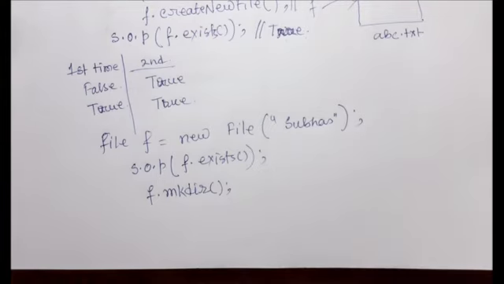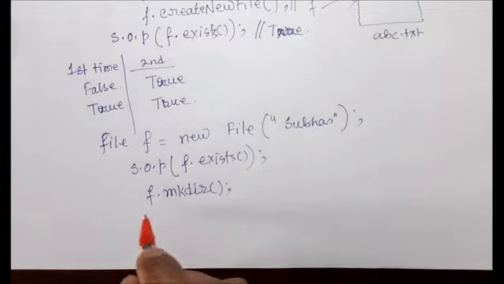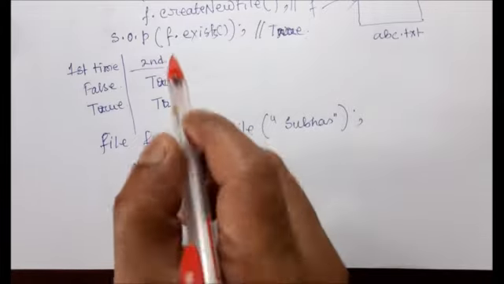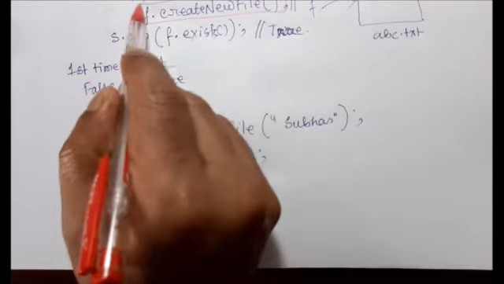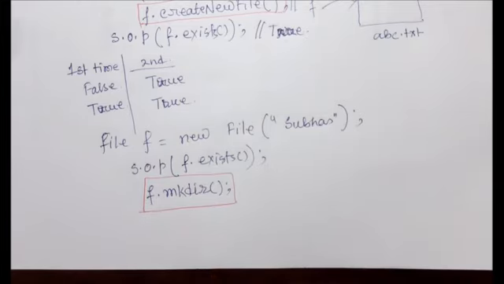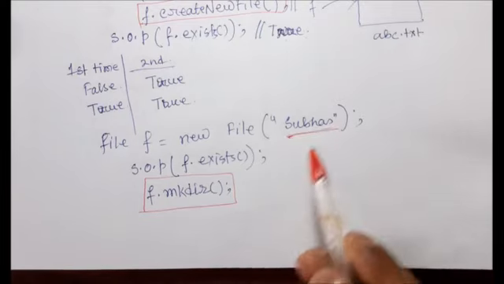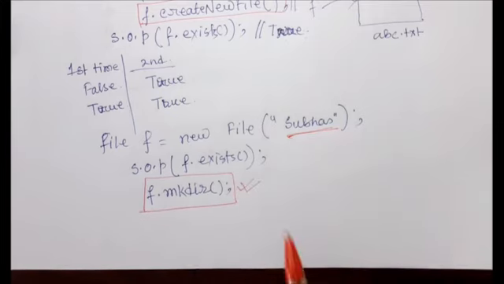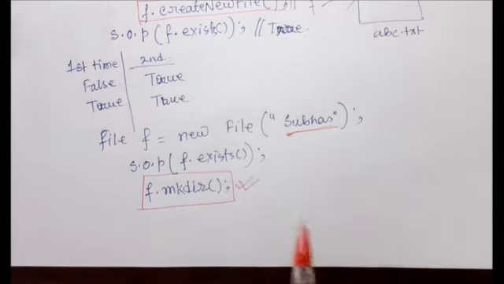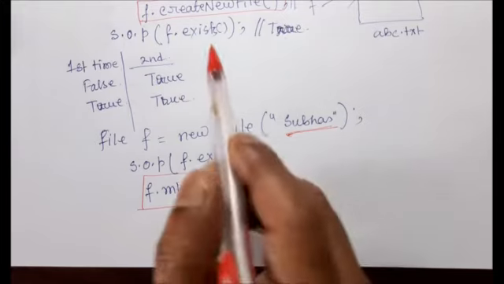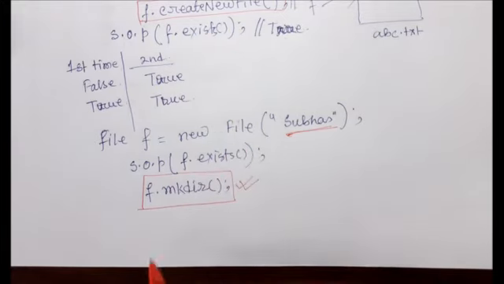So, from this example, you can understand that the File constructor is used to create a directory, and it also creates a new file. But how can I separate them from each other? How can I know which one is the directory and which one is the file? From this string we can understand, and finally we can understand from the method. So, whether I am using createNewFile or just using the f.mkdir method.